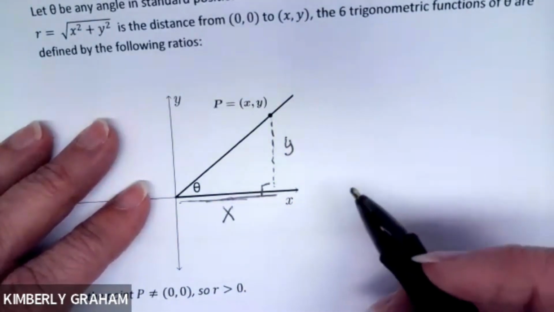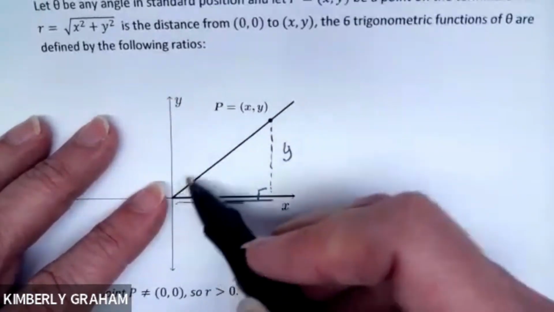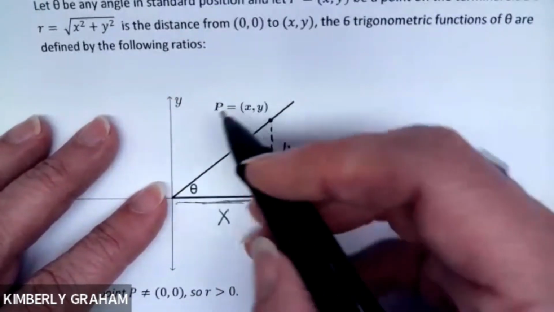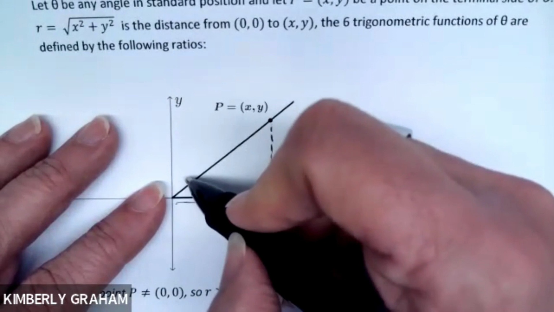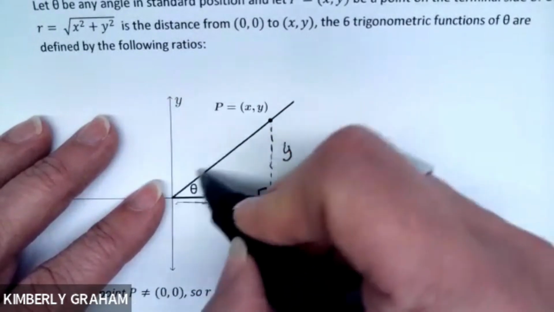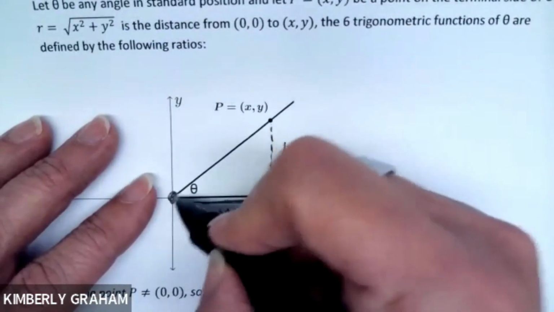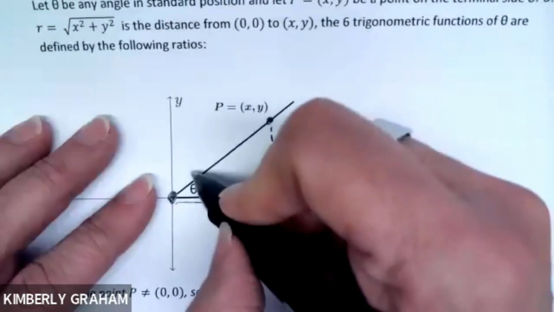Now, I'm going to call this distance here, the hypotenuse, r.